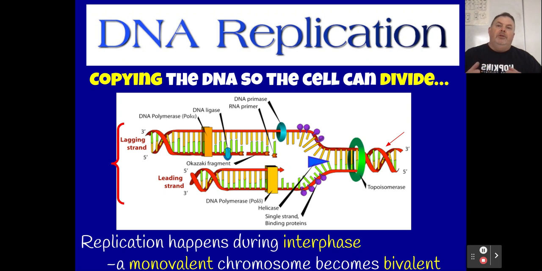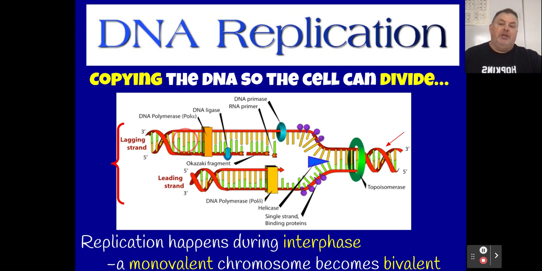One of the areas I want to mention in this photograph is this area right here. This is referred to as a chromosome. A chromosome, in this case, is DNA that has a ladder-like structure, and this part is referred to as a monovalent chromosome. The second part is how it copies itself.